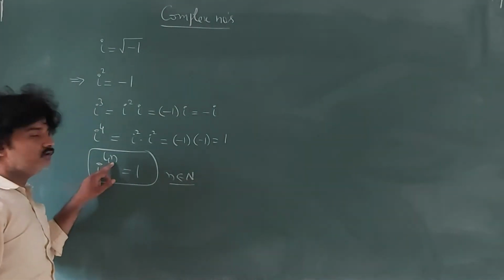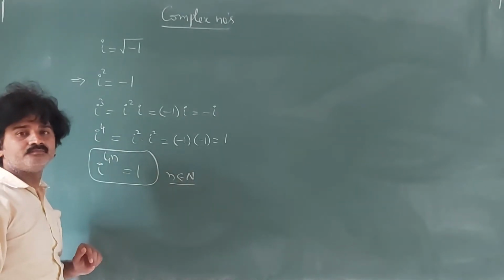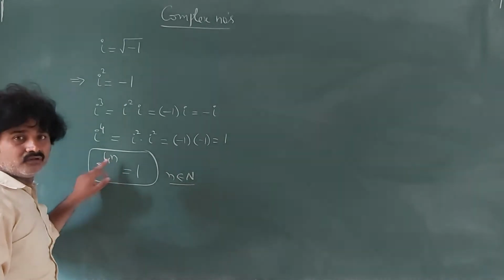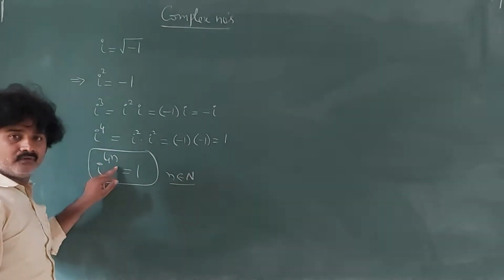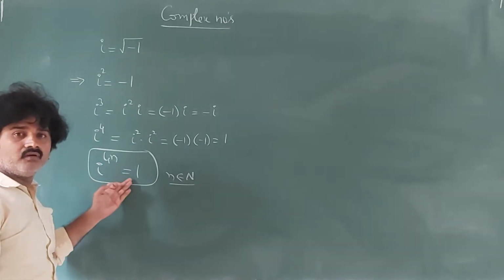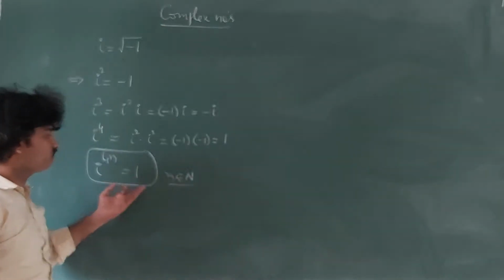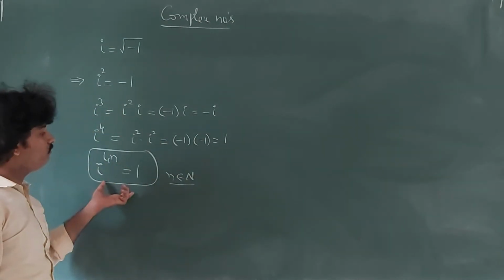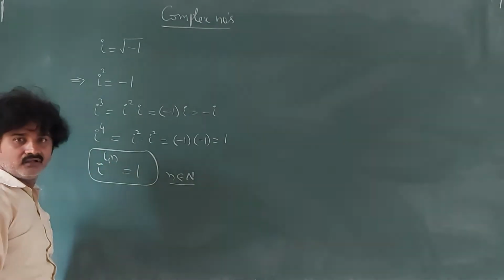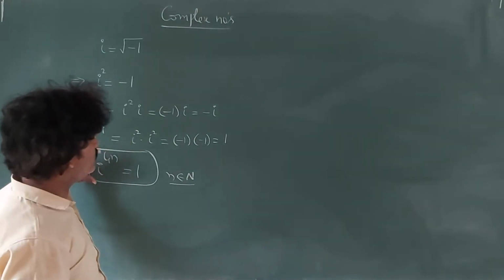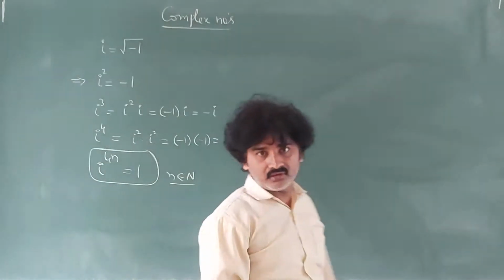If you take n value 1, i power 4, that is 1. Take n value 2, i power 8, 1. Take n value 3, i power 12, 1. Take n value 4, i power 16, 1. So all i power 4 multiples are 1. Okay, while solving problems, these basic points are useful.